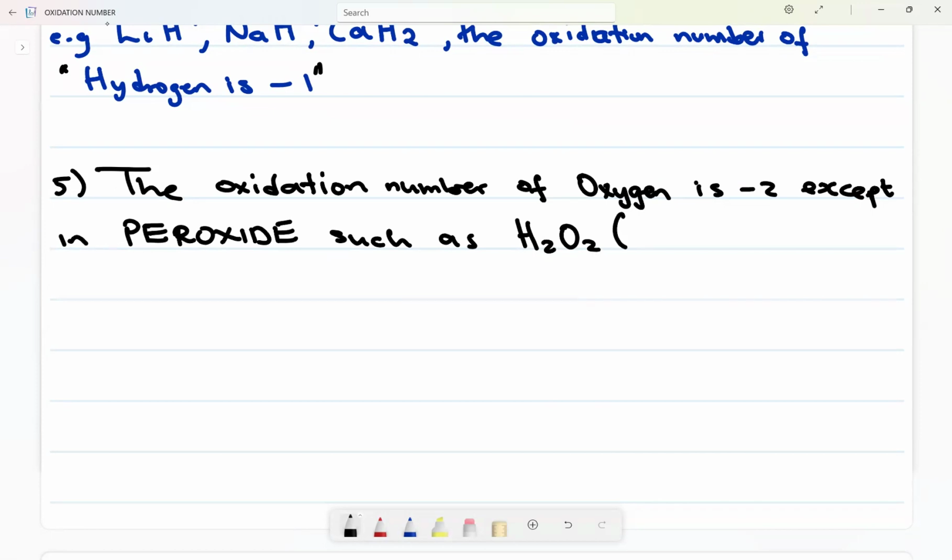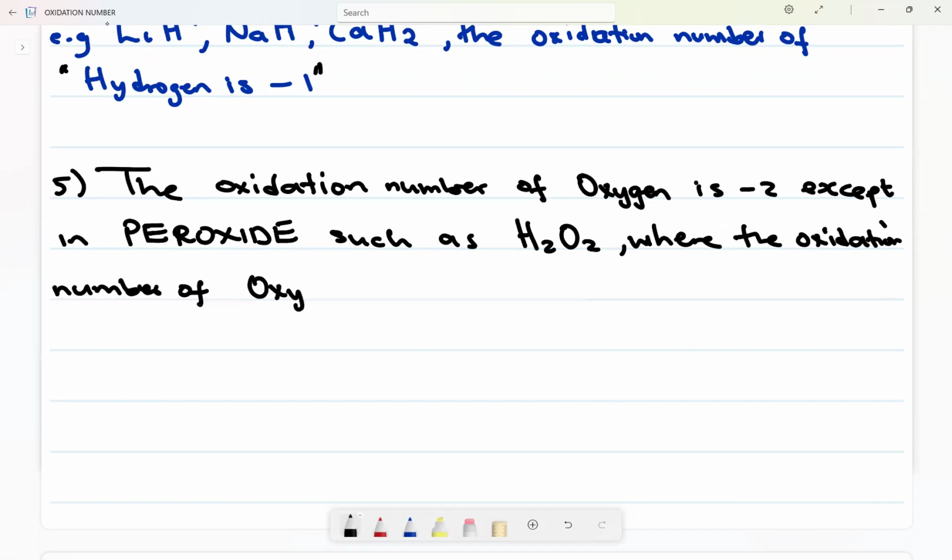So except in peroxide such as H2O2, where the oxidation number of oxygen is -1.